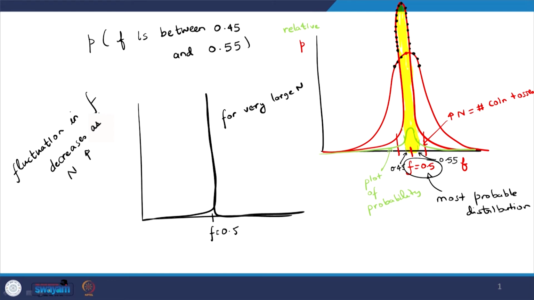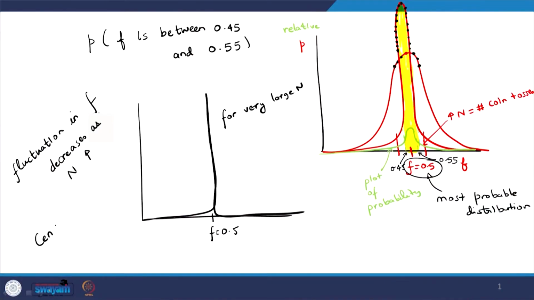That is an extremely important property for thermodynamics or statistical mechanics, which is the statement of what is known as the central limit theorem. Actually, the argument goes a bit further. Although I have drawn distributions looking like a Gaussian distribution, it is actually true for any other distribution as well. As the number of experiments increases, the fluctuations in the property decrease, right.